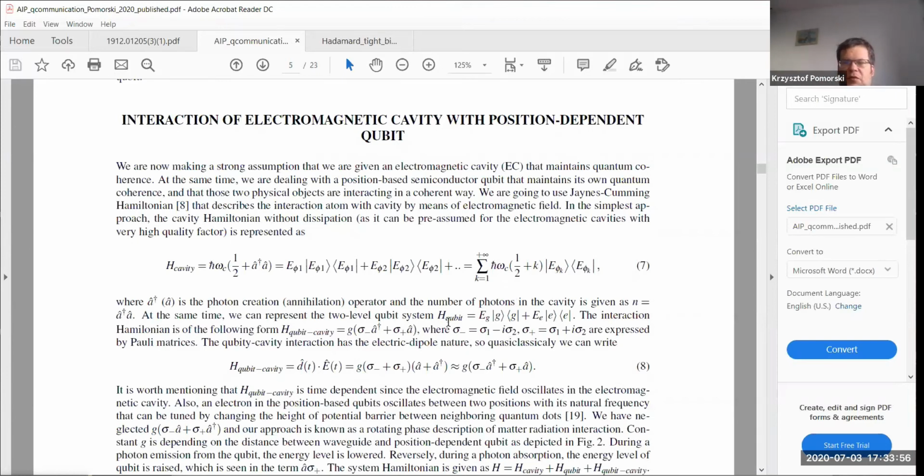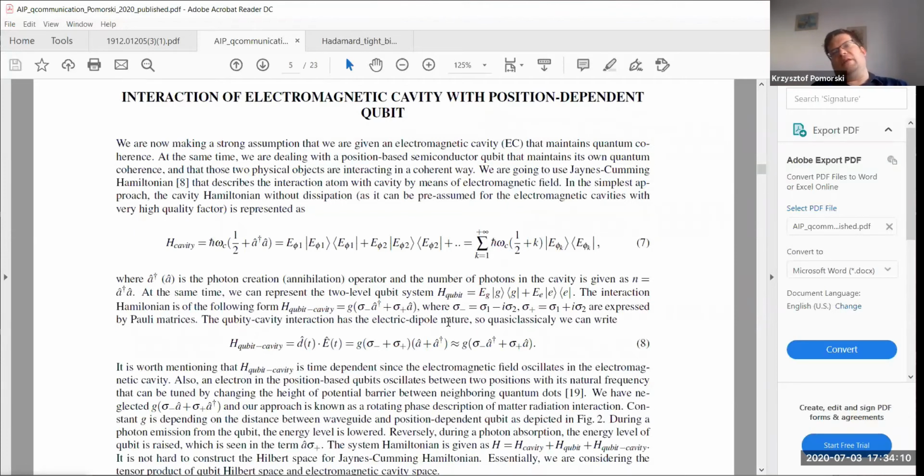Obviously it is not possible to determine both momentum and position at the same time in quantum mechanics. So we know already the Hamiltonian of the position-based qubit in the most minimalistic way. We know the Hamiltonian of the cavity, and then we need to know the Hamiltonian of interaction between qubit and cavity.